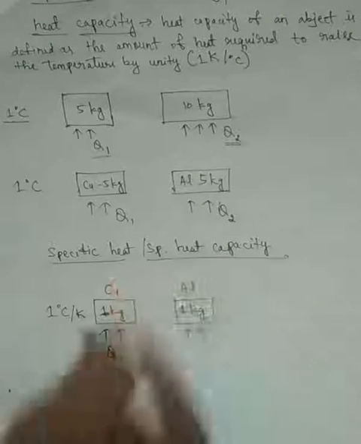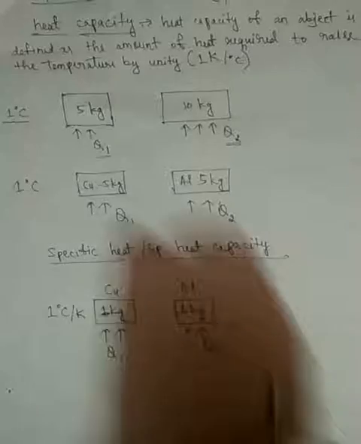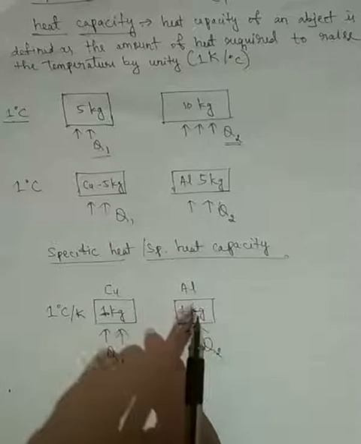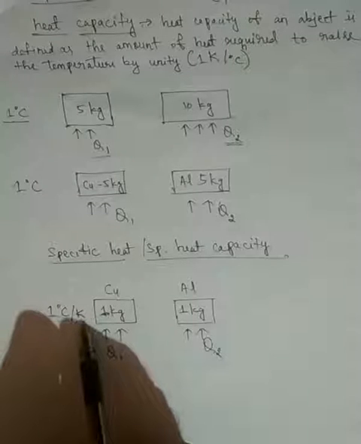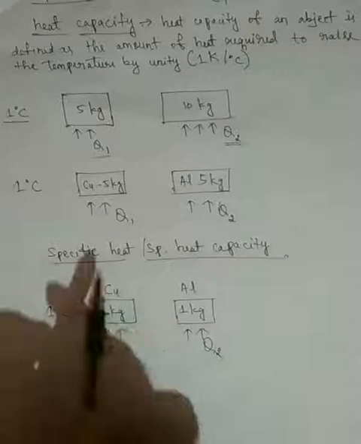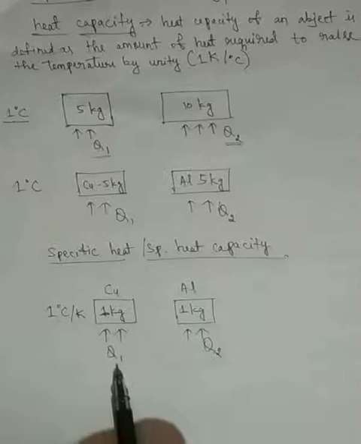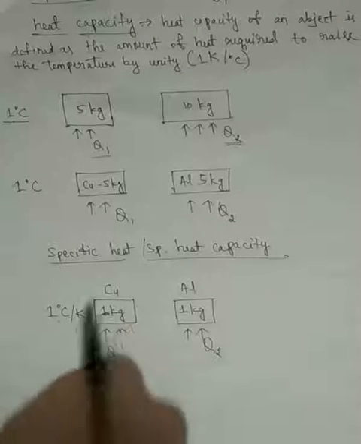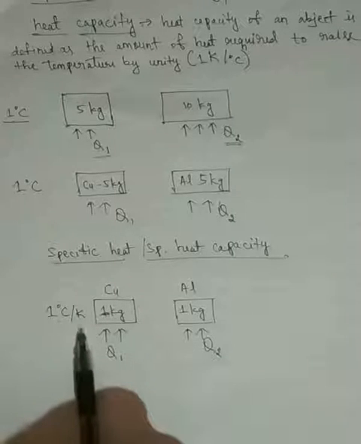Now let us consider 1 kg aluminium. Let us apply heat equivalent to Q2, which raises the temperature of this 1 kg of aluminium by 1 degree Celsius or 1 Kelvin. Here, in case of specific heat, we are considering unit mass of substance and supplying the amount of heat which makes the material temperature rise by 1 degree Celsius or 1 Kelvin.